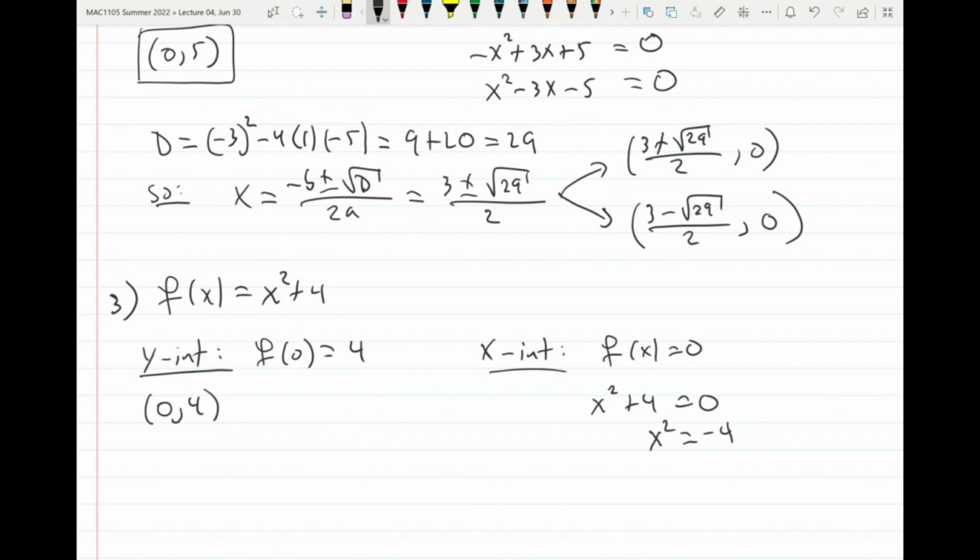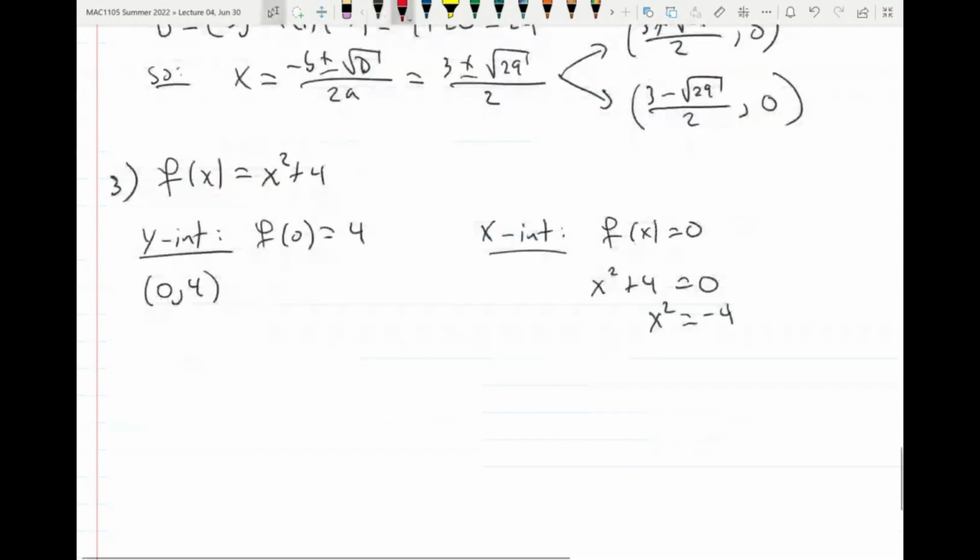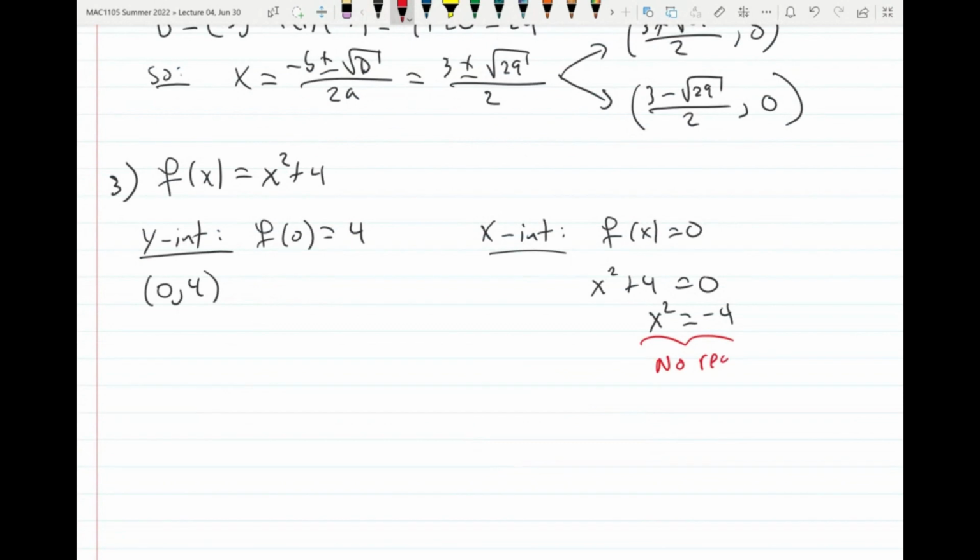There's no real number x that you can put here that will satisfy this equation. You understand this? We don't have complex numbers in the picture. So, no real solution, no x-intercept. That's okay. It's okay not to have an x-intercept.